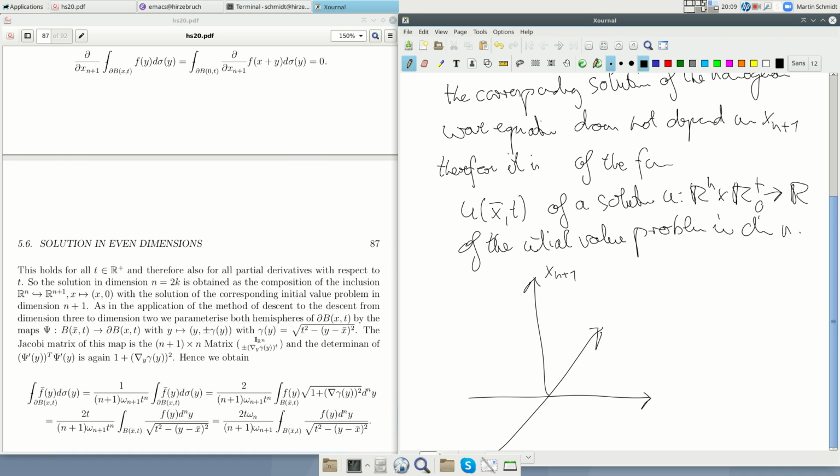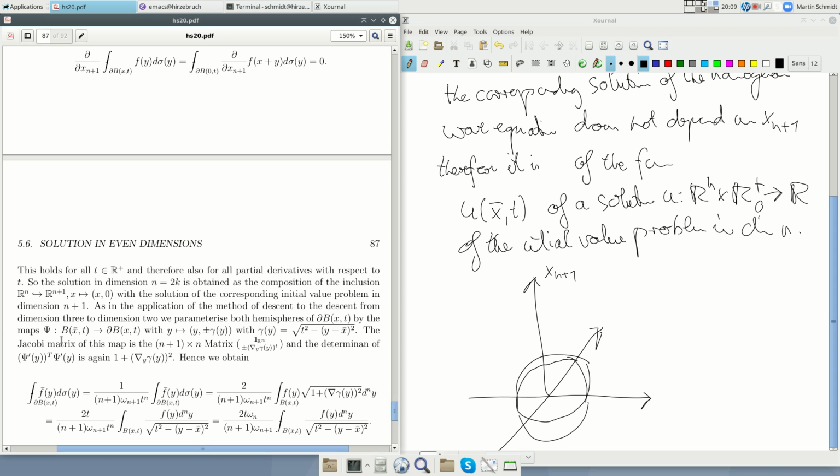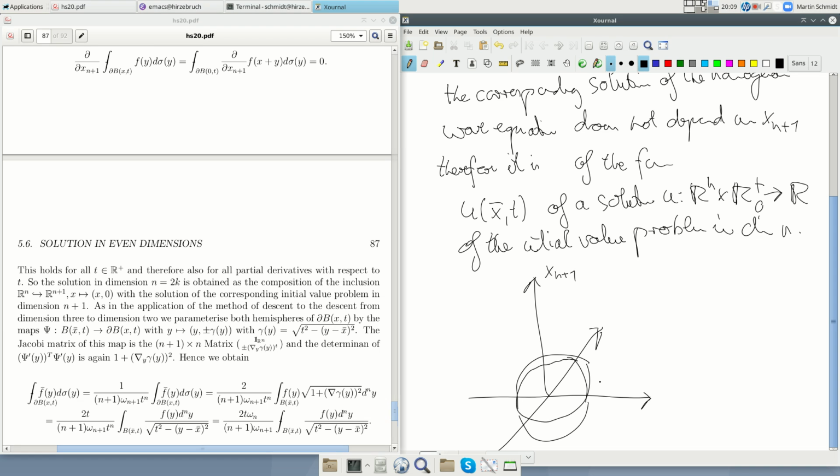Now we have this ball, the n-dimensional ball, and we want to calculate the hemispheres in n+1 dimensions.